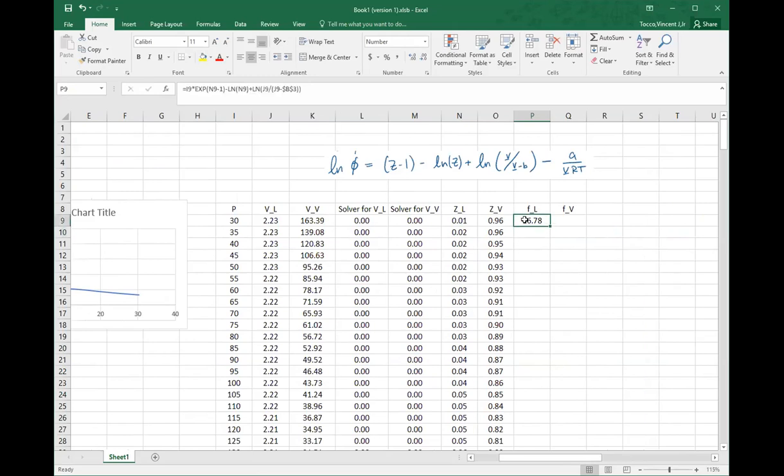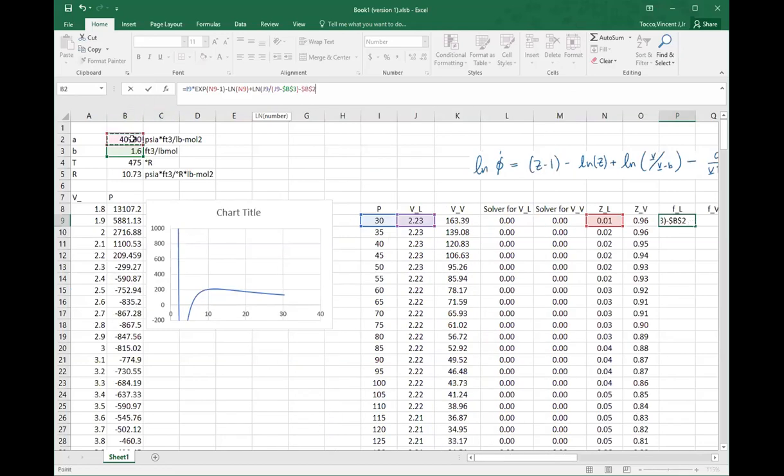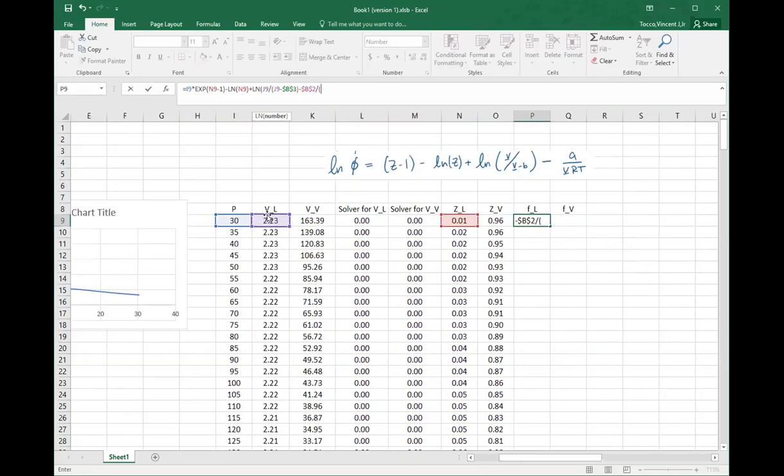Let's see, fugacity I know should be going towards pressure as pressure goes low. All right, let me double check. Oh, and I made another mistake. I forgot a completely separate term. I forgot the A over VRT term. So I need A divided by, not going to forget my parentheses this time. Excel is very nerve-wracking to do when you're on camera.